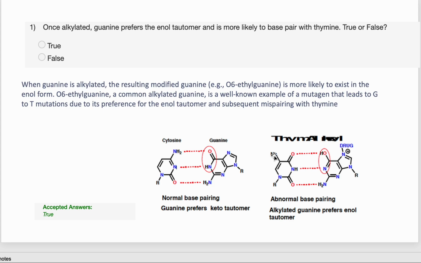This leads to mutation, because now the DNA polymerase will try to bind it with thymine instead of cytosine. So this leads to mispairing with thymine and hence mutation. So this is why this question was true.